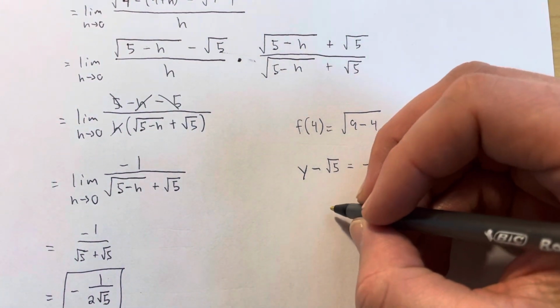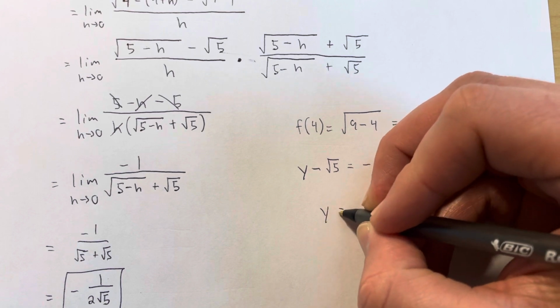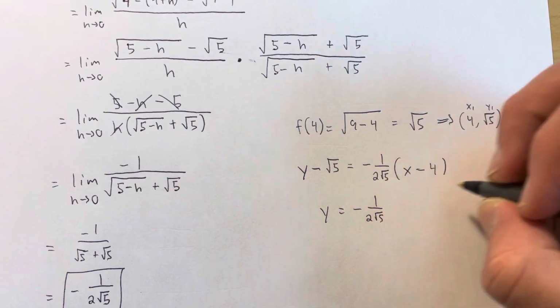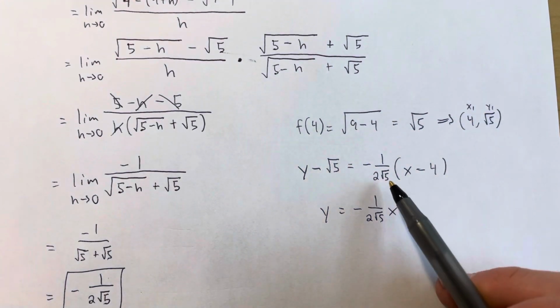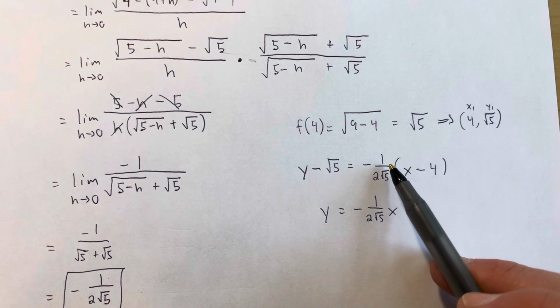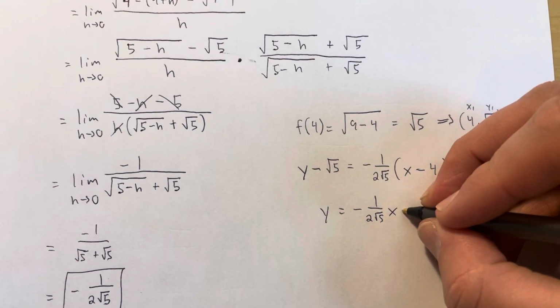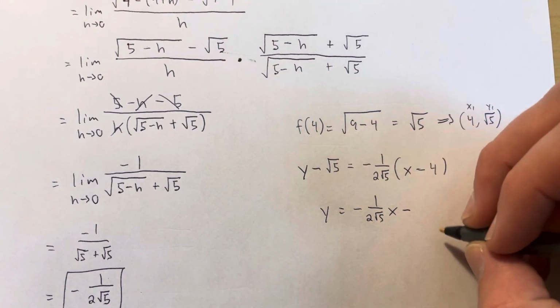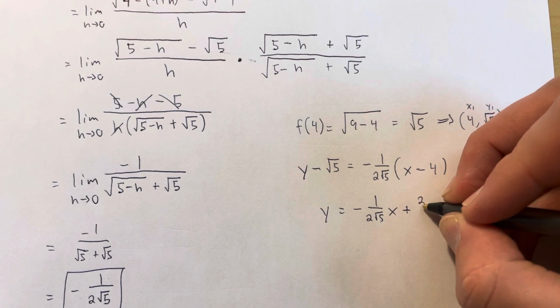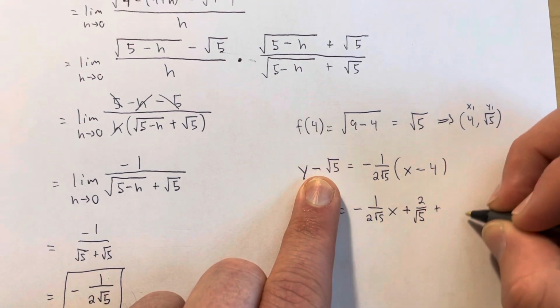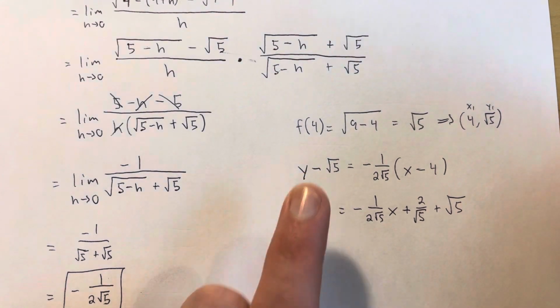If I were to multiply this out, I'm going to get y equals negative 1 over 2 root 5 x. When I multiply this to here, this 4 and that 2 will partially cancel out. I'm going to get negative, actually positive, negative times negative is positive, 2 over root 5. And then I'll add that root 5 over, like that.